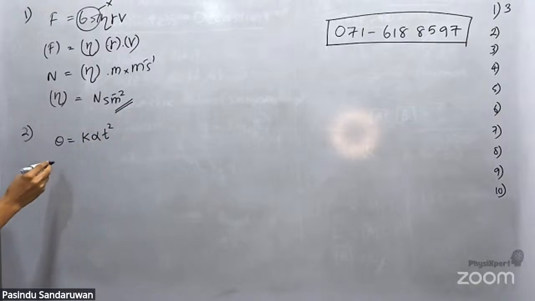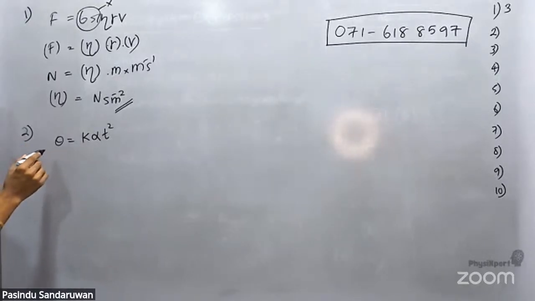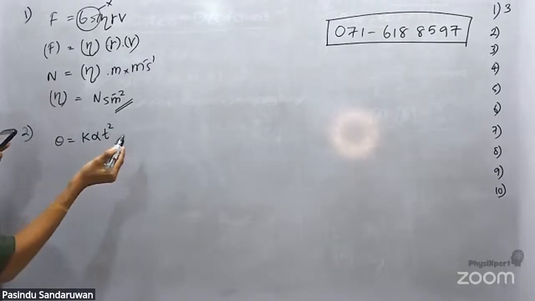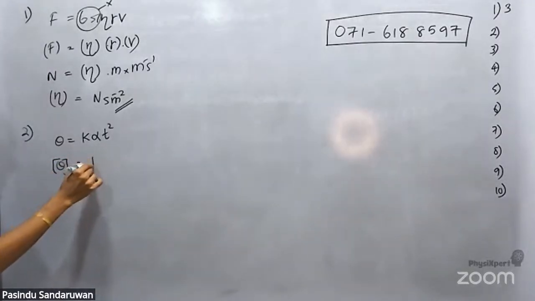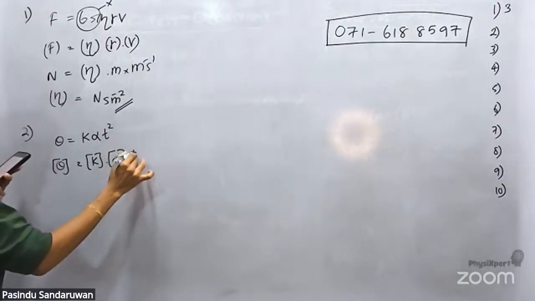We know theta is an angle, and angles are dimensionless. k is what is asked. Then dimensions of theta will be dimensions of k times dimensions of alpha times dimensions of t squared.